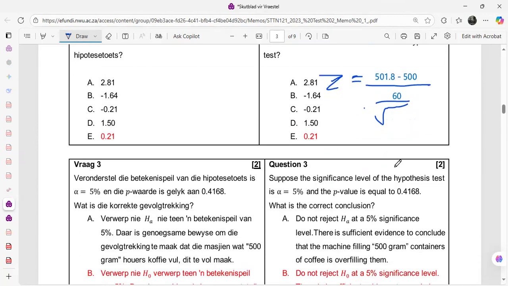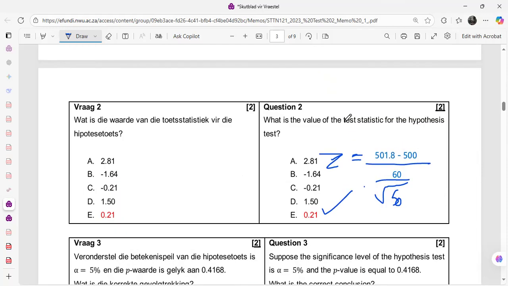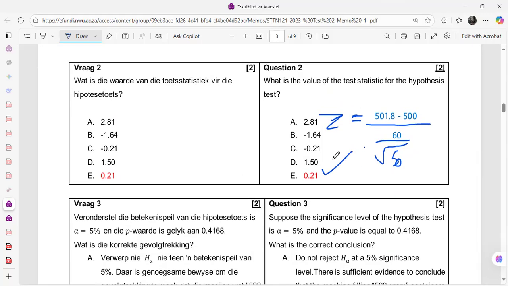It was 50, which is greater than 30. Then substitute this on the calculator: 501.8 minus 500 divided by 60 over square root of 50, and you will get 0,21. Correct. Check if n is less than 30 or greater than. If it's greater than 30, use this method, the one for z. You're not going to use the one for t.